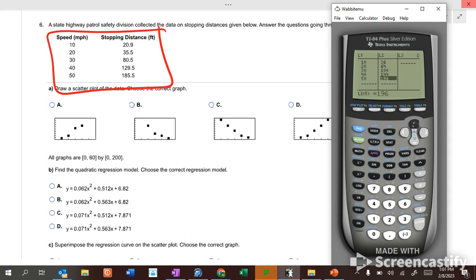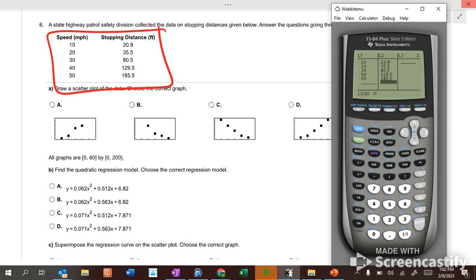And on the right column, I'll enter 20.9, 35.5, 80.5, 129.5, and 185.5. Okay? So you have list 1 and list 2.